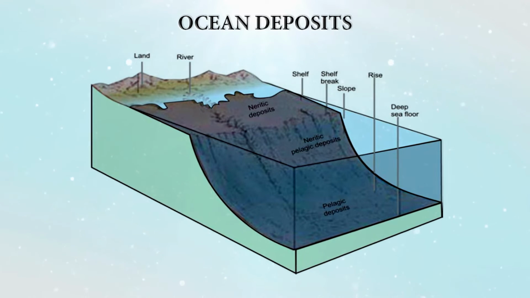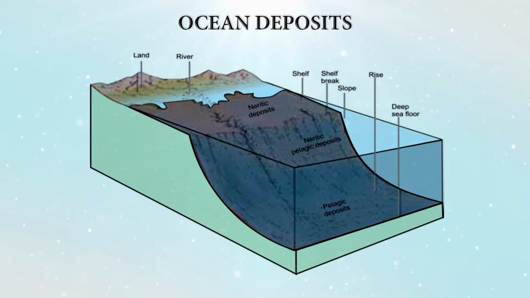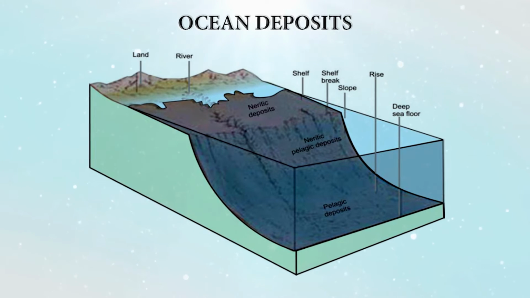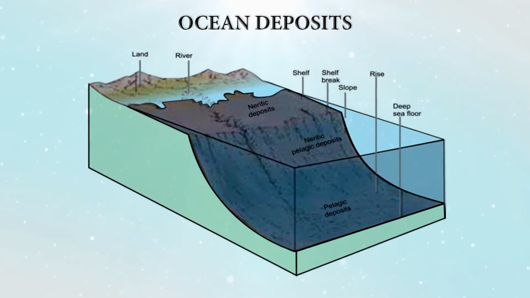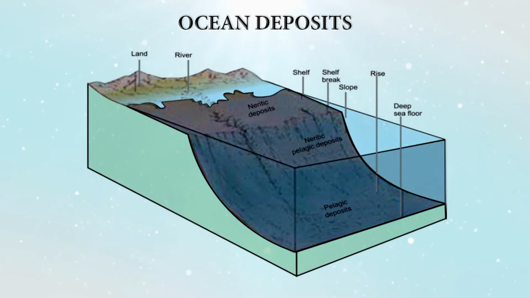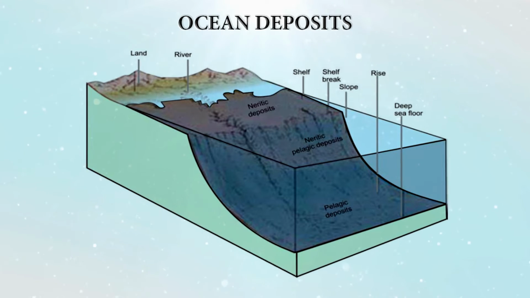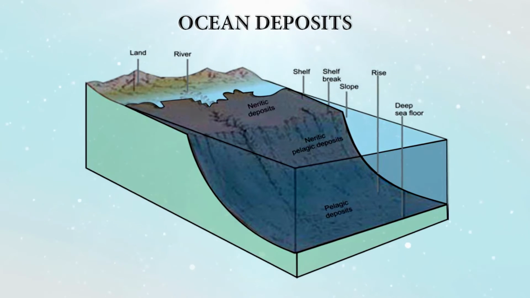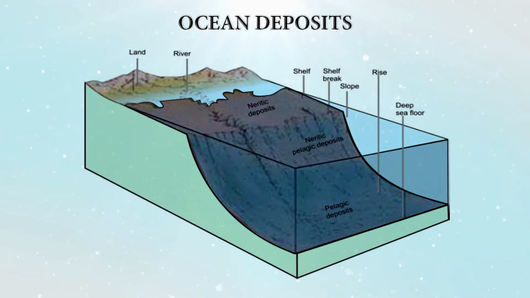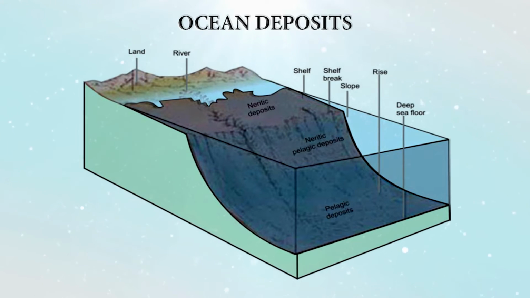And then the deep sea oceanic area is dominated by the pelagic deposits, and the shore area or continental shelf area, the shallow water area, is deposited by the continental or terrigenous deposits.